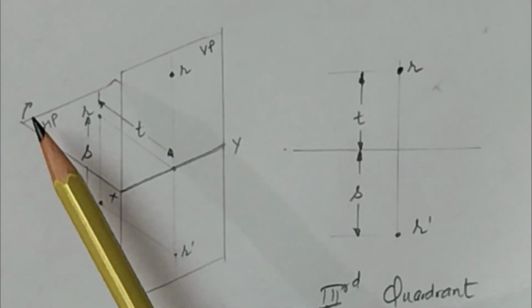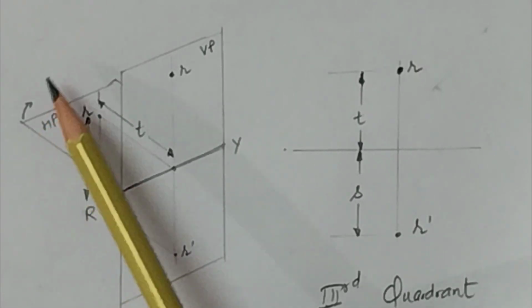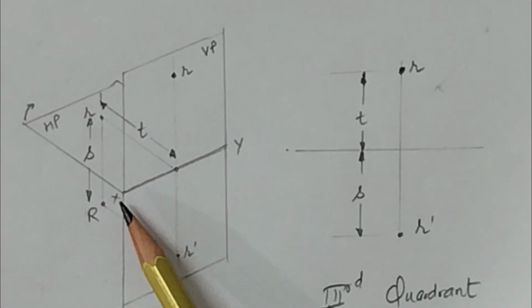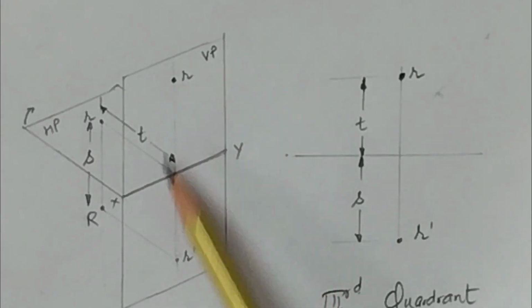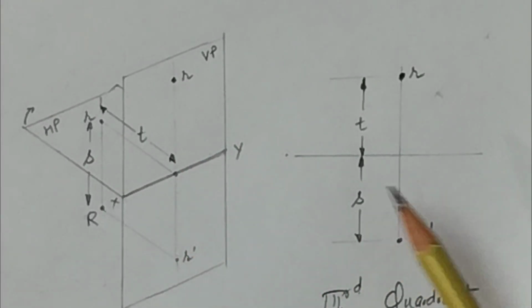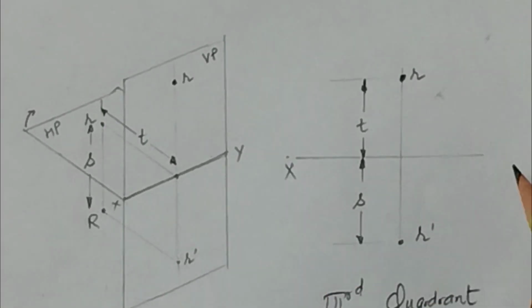Now we will rotate this horizontal plane 90 degrees. When we rotate this, in this case the horizontal plane lies above the XY line, in the vertical position. We have to represent the same on the two-dimensional sheet.